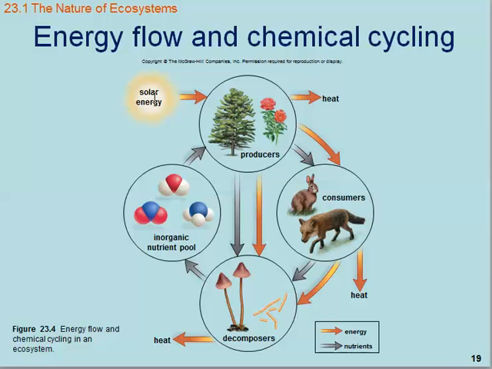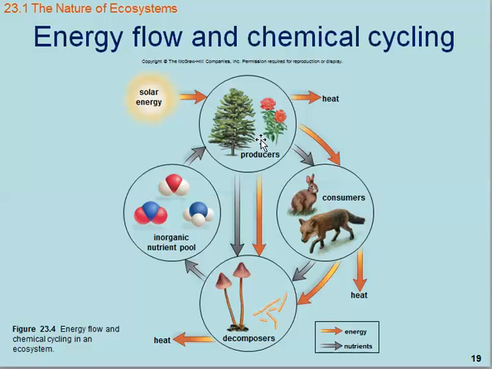So let's start here with the sun. The solar energy is taken in by the producers and is converted to chemical energy, which can be passed on to the consumers. Now, the producers use some of that energy themselves. What is this energy used for? It's used for all life processes. Back in the beginning of the year, we looked at characteristics of life.